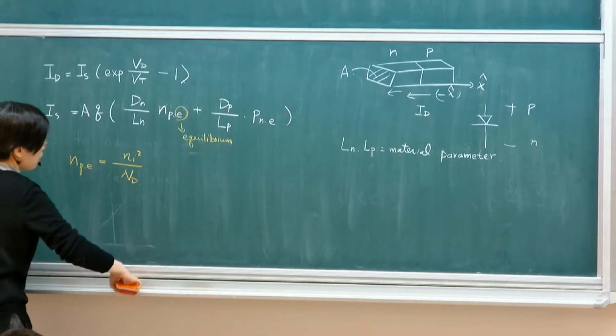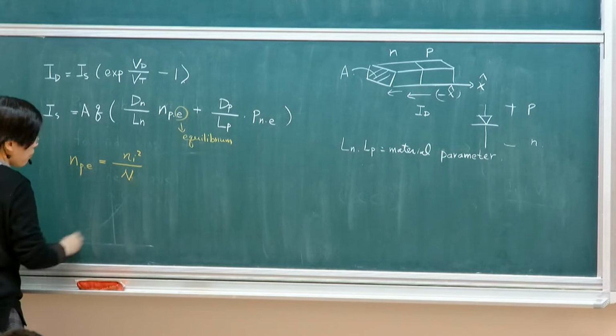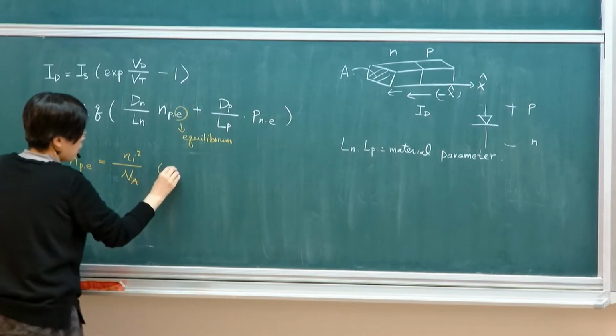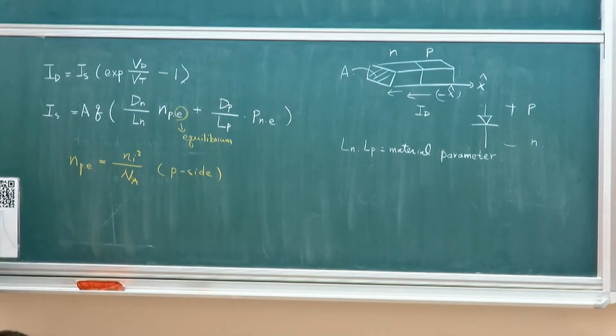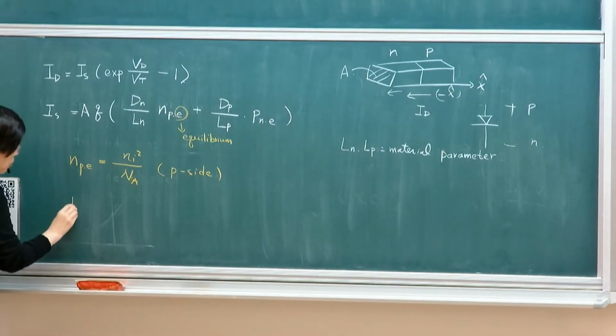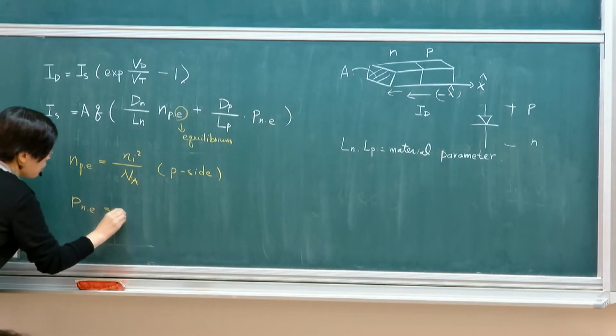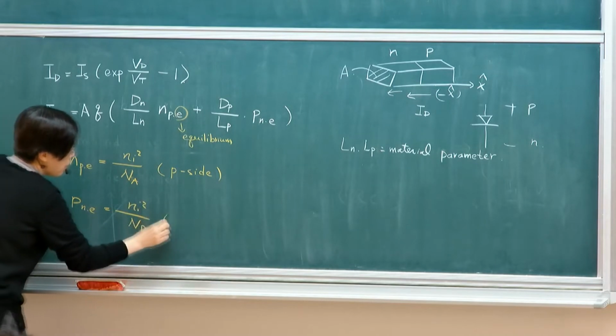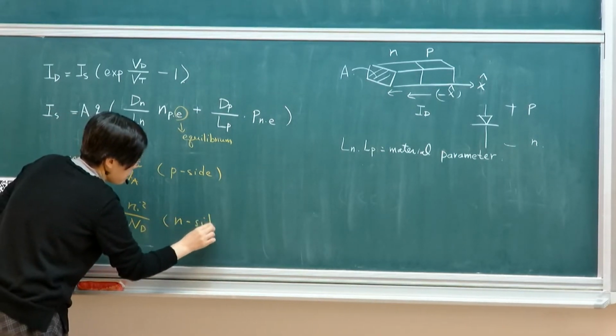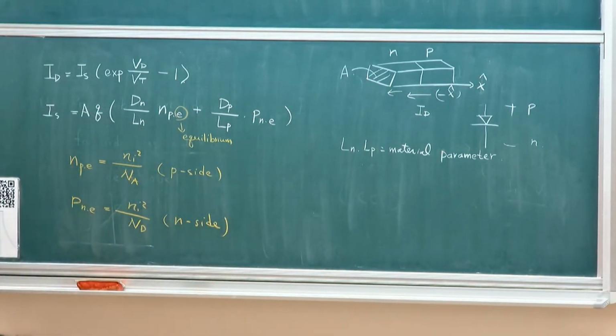Sorry, this is at the P side. And this is the same thing for p_n0: it's the minority carrier concentration at the N side. Okay? In the opposite side, what is the minority carrier concentration?